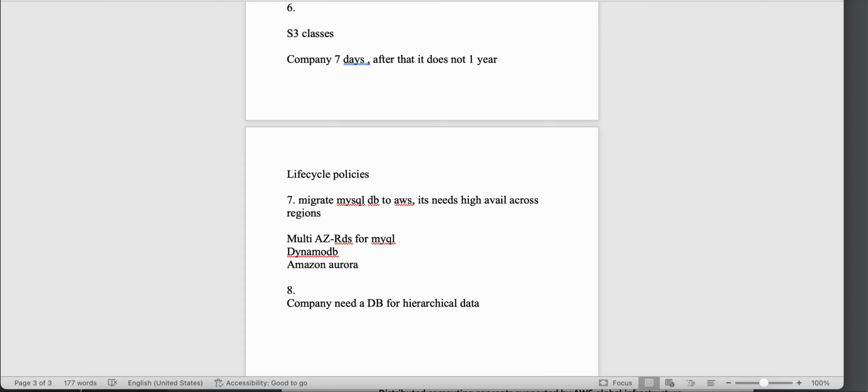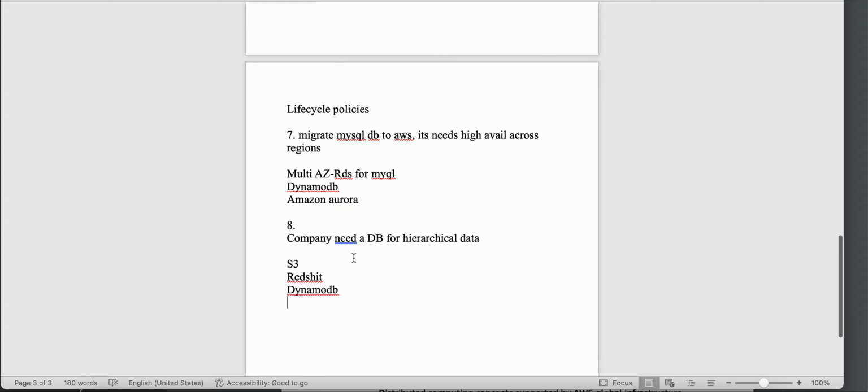Hierarchical data is something in tree format, where there's a parent node and there are child nodes. Now, options were S3, Redshift, DynamoDB. S3 is object-based storage, so it's directly eliminated.